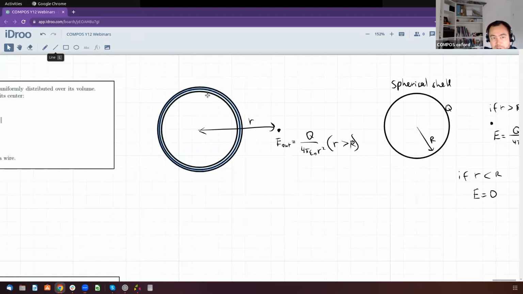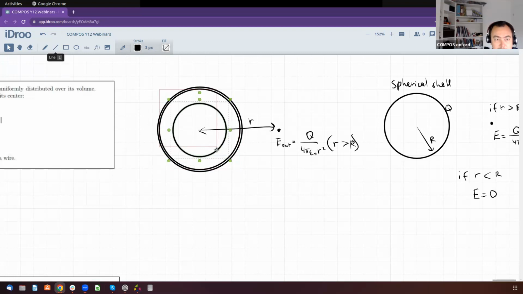So you can imagine that we split the ball into spheres. And let's say we are here.